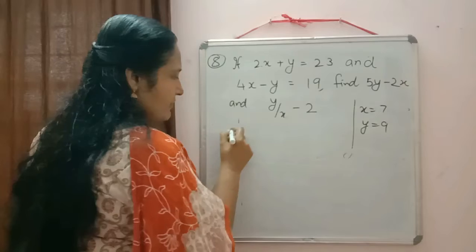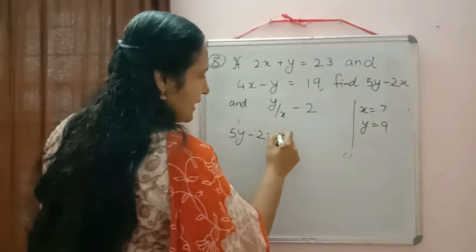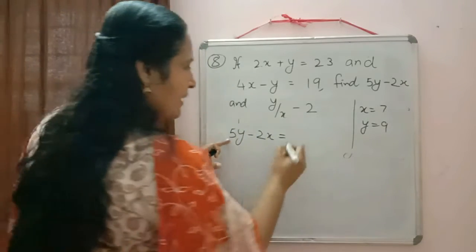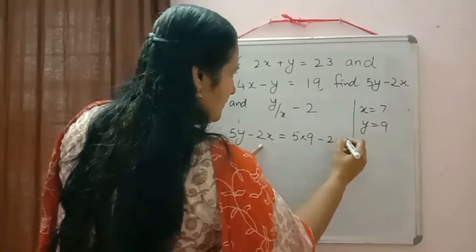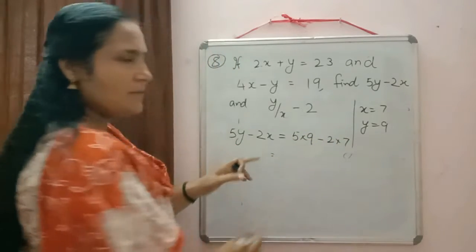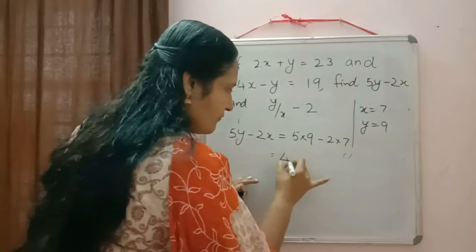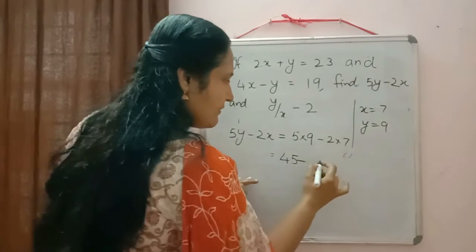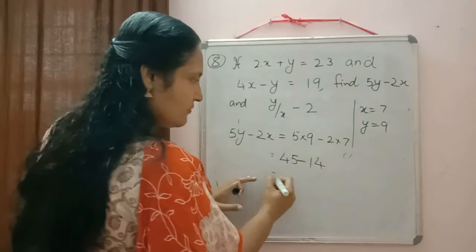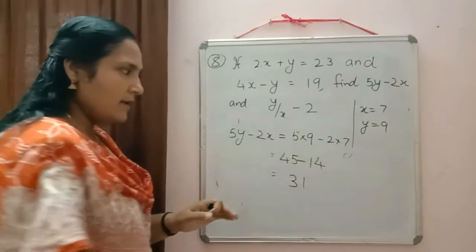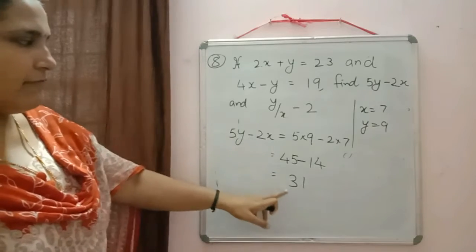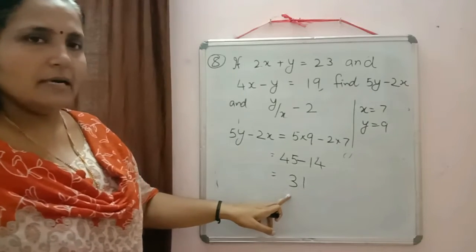Substitute the values: 5 into 9 minus 2 into 7. 5 into 9 is 45 minus 2 sevens are 14. So we get 31. The value of 5y minus 2x is equal to 31.